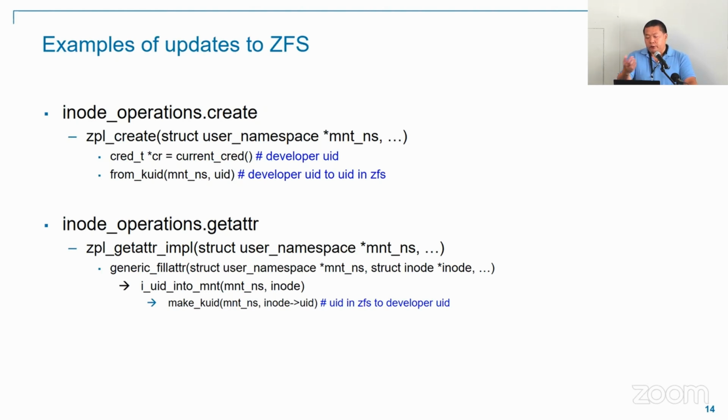With that ID map input, you can do your translation. Typically, we first get the current credential using current_cred, and in that credential you have the developer UID. Then you can translate the developer UID using the ID map to the ID which will be used in ZFS.